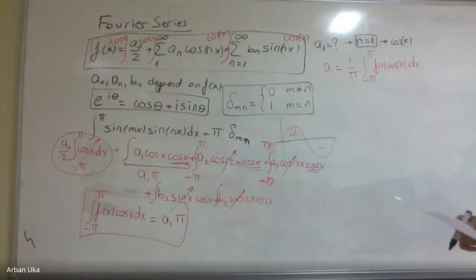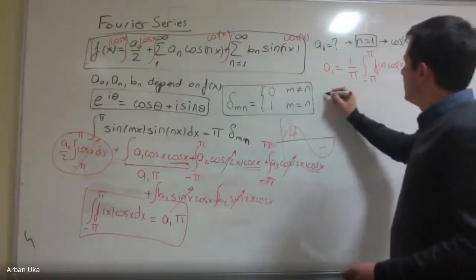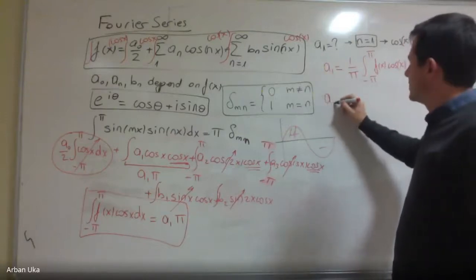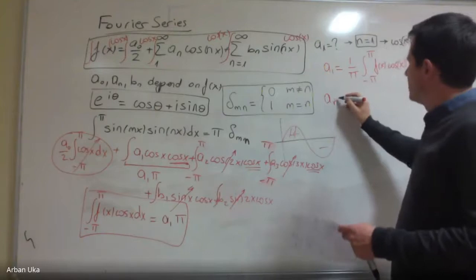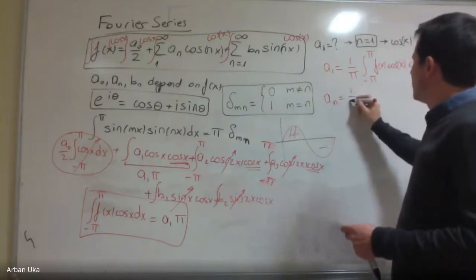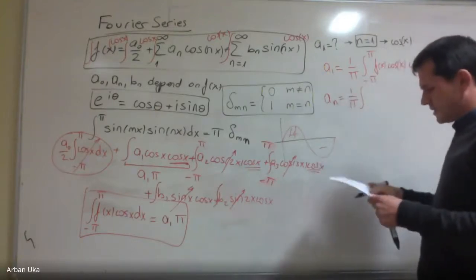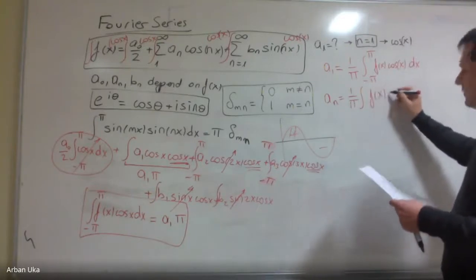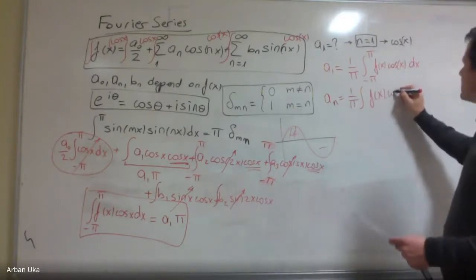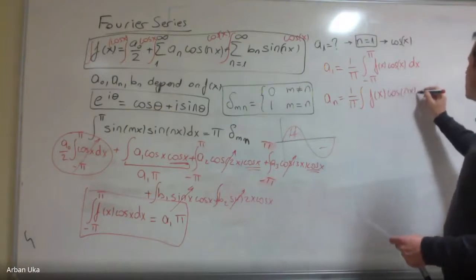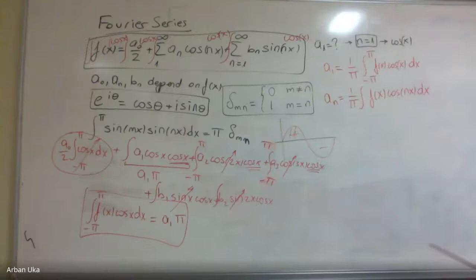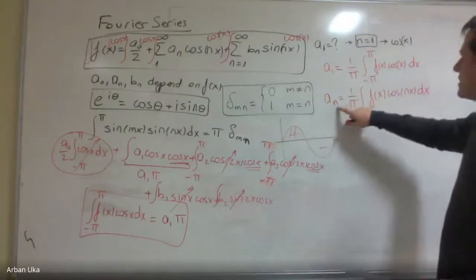Similarly, we can write that for any A, so we can generalize this expression. We can find that An is equal to 1 over pi times the integral of f of x cosine nx dx.